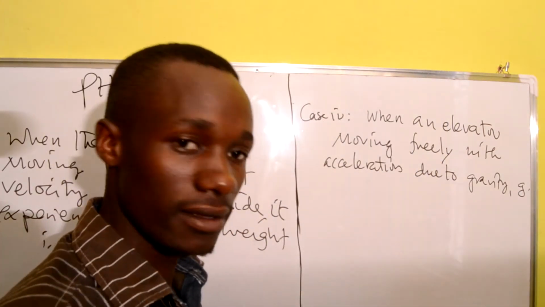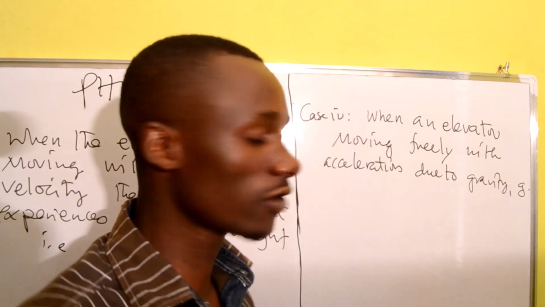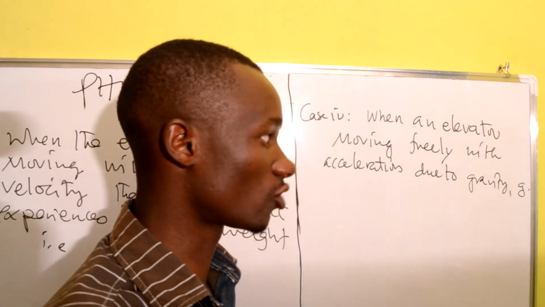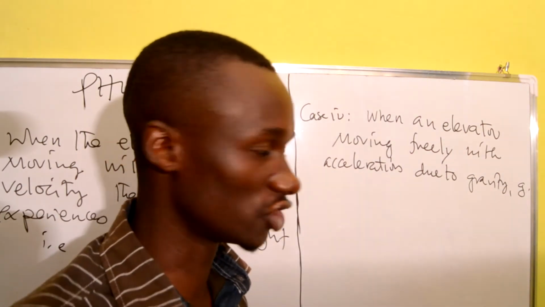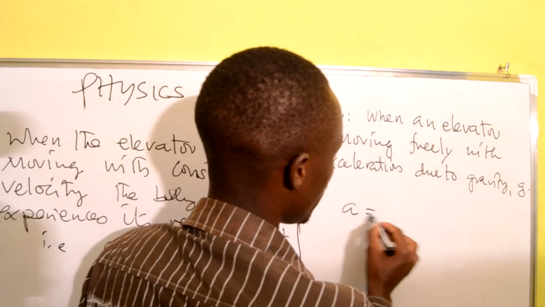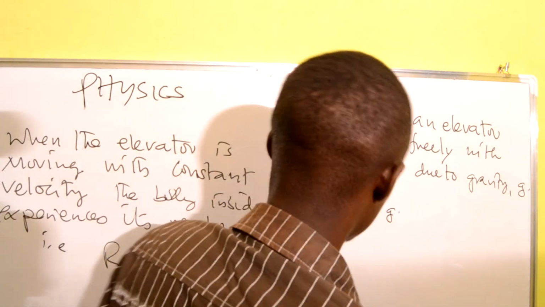Okay, here acceleration of an elevator is equal to acceleration due to gravity g. Acceleration a equals g.